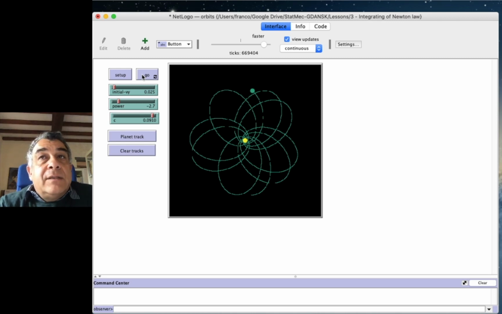And so one possibility that was explored was that the gravitational law was not modeled in the right way.